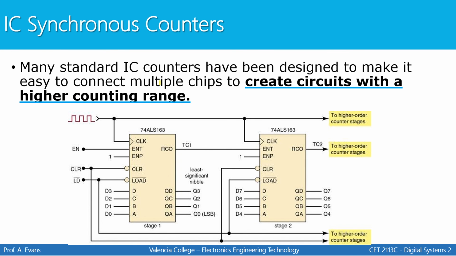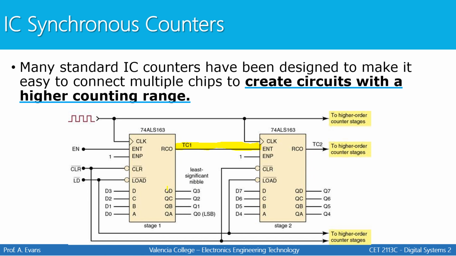Many standard IC counters have been designed to make it easy to connect multiple chips to create circuits with a higher counting range. This is called cascading. For example, we have two 74 ALS 163s where the RCO output becomes an enable input for another chip.